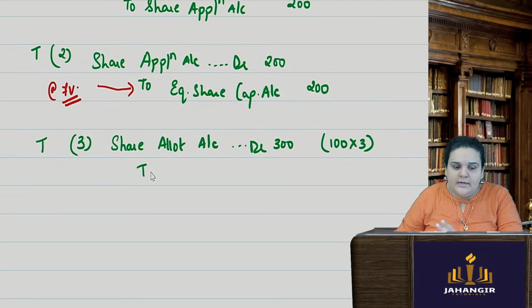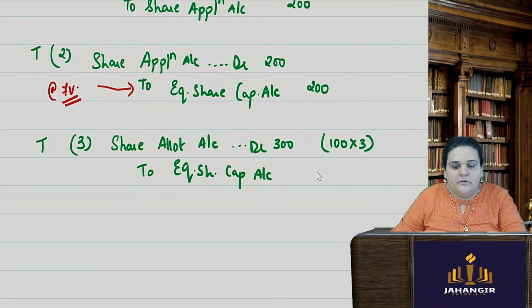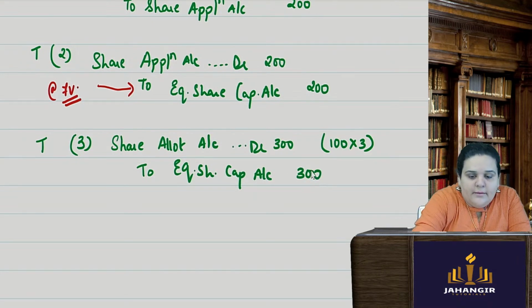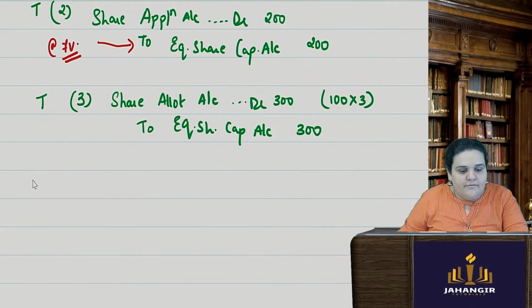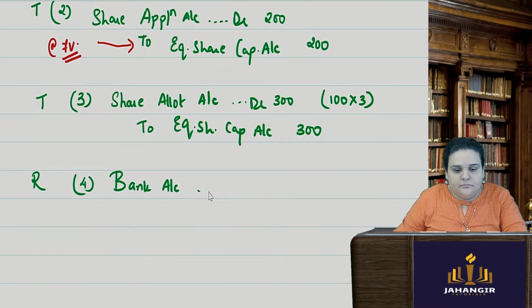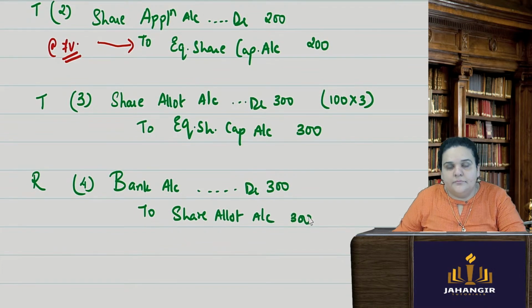Though not received currently, but I am going to transfer to equity share capital. At the time of the receipt, now I will pass the receipt entry, which will say bank account debit 300 to share allotment account 300 rupees. So second stage is done.